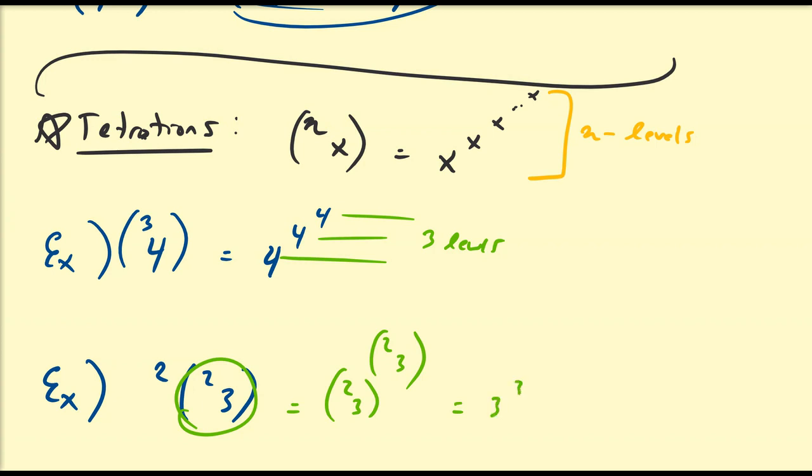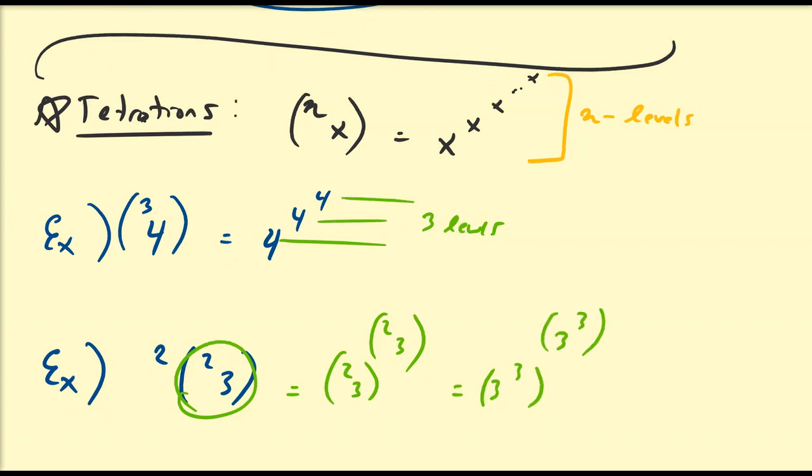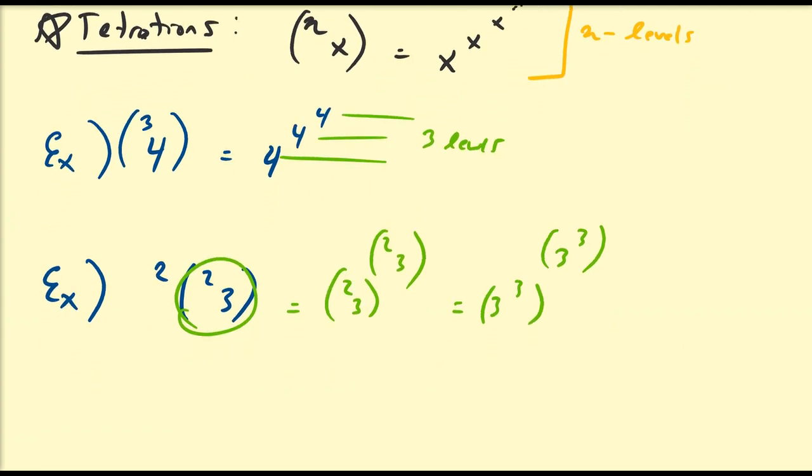That's the same as 3 cubed, and that's the same as 3 cubed. So what is this? We have a power to a power, so we can bring these together. This is the same as 3 to the power of 3 times 3 to the power of 3, which is of course the same as 3 to the power of 3 to the power of 4.